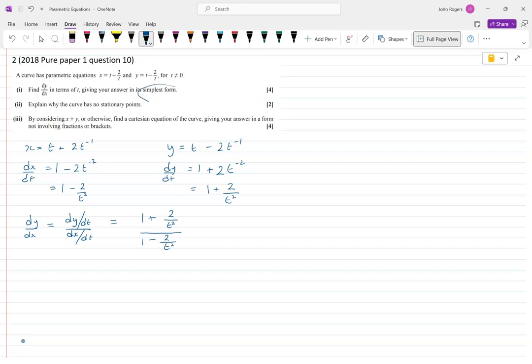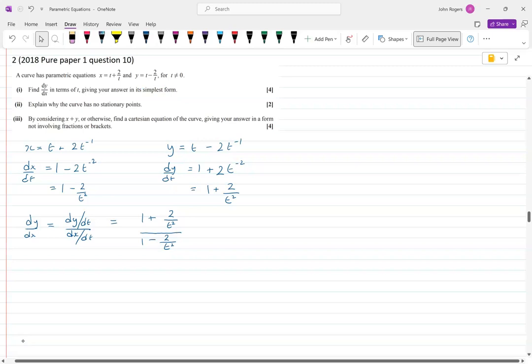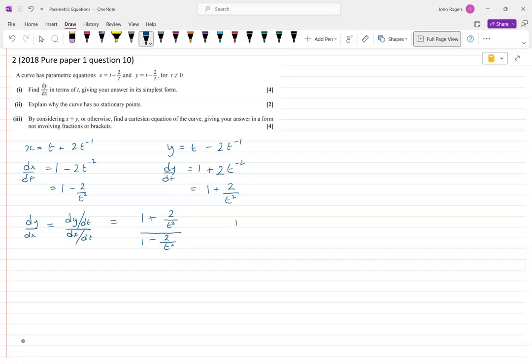Now it's asked for simplest form, so this definitely wouldn't qualify as simplest form as it is a stacked fraction like that. I don't think it would be any good with indices either. Hopefully we can simplify this easily enough. Just times by t squared on top and bottom.